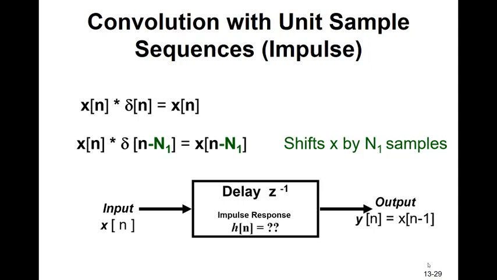We can convolve x of n with a delta of n minus 1, we get x of n minus 1. So this has to be the h of n, the unit sample response of our unit delay. And if this was a 3-sample delay, we would have delta of n minus 3. So a delay simply has a unit sample response. It's a delta function with an appropriate delay.